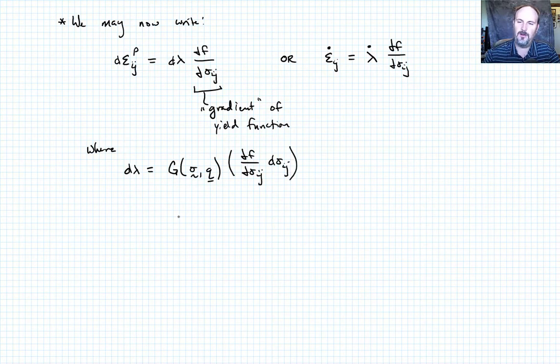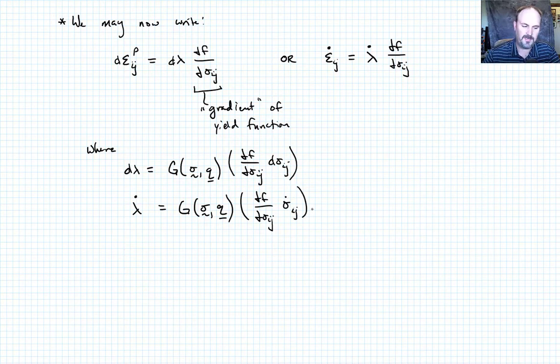That's how we defined d lambda. We could also write lambda dot in a similar fashion as the hardening function g times partial f with respect to sigma ij, and instead of d sigma ij, this becomes sigma ij dot, the stress rate. That's why this was all important: we justified much more rigorously the form that we use for our flow rule.